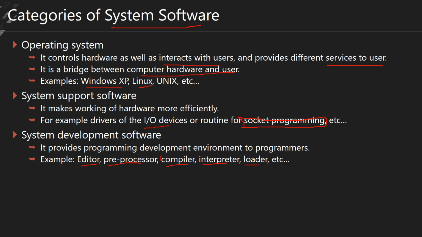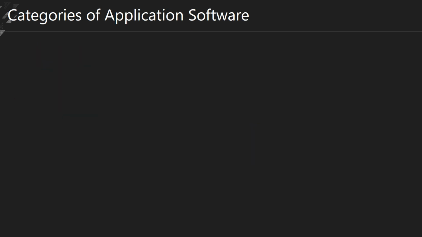The compiler you will use to develop your own application using C programming. So the C programming language is developed on top of the compiler, which comes under the system development software.